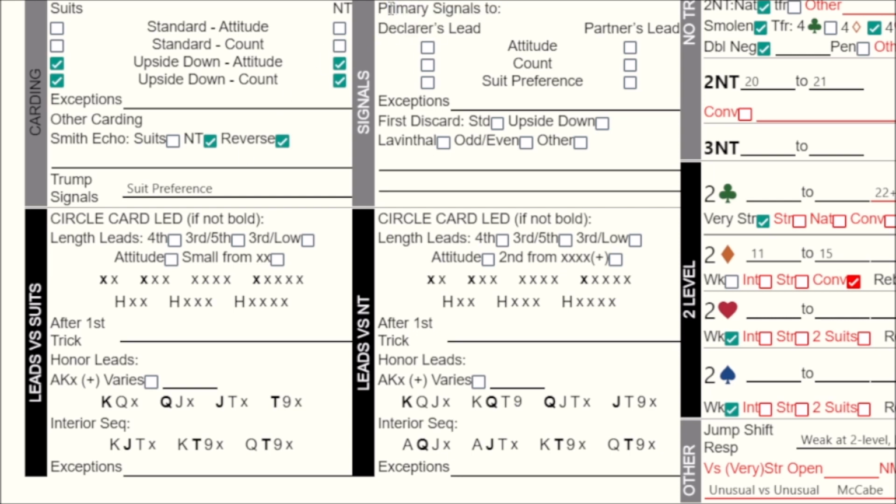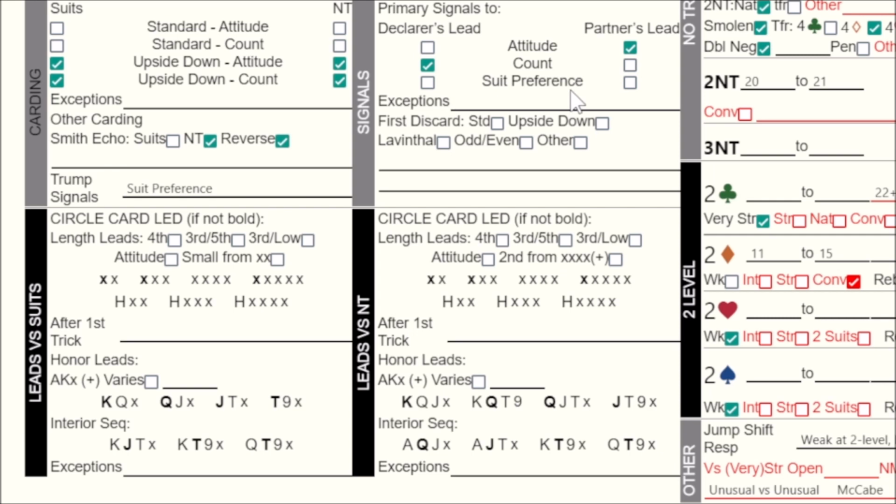Over here, signals, they're asking what sort of signal are you giving. So when partner leads, what's your default signal? Usually it's attitude. When declarer leads a suit, usually the default is count, but some people play suit preference. So it's up to you what you do.